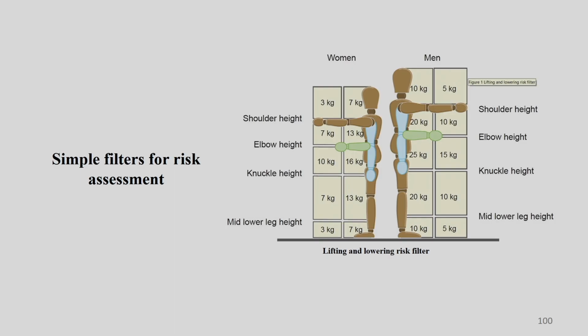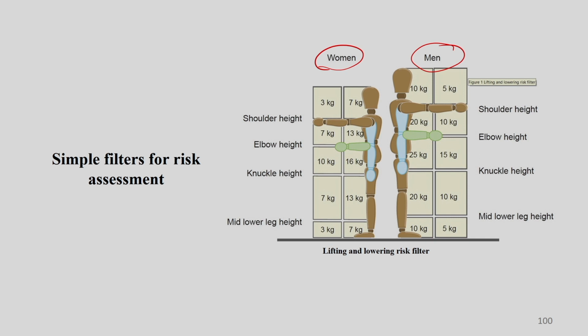Now the next filter is lowering or lifting any job. So at what height? This is the definition, for women if some female worker is there, and if some male worker is there. So for lifting and lowering, what should the weight be?